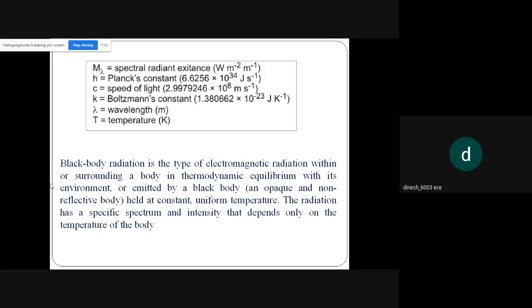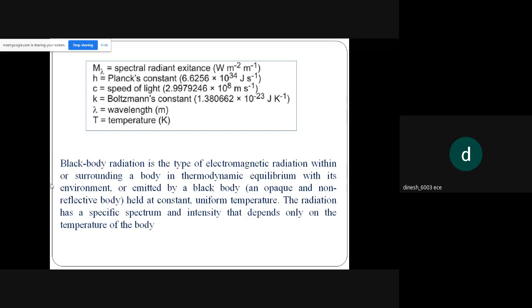Black body radiation is the type of electromagnetic radiation within or surrounding a body in thermodynamic equilibrium with its environment, or emitted by a black body, which is an opaque and non-reflective body with a uniform temperature held at a constant value.